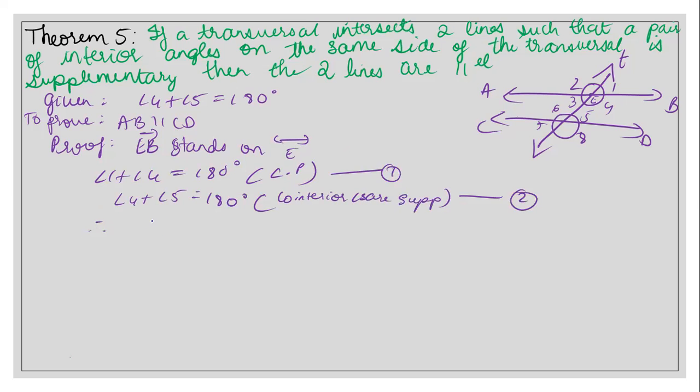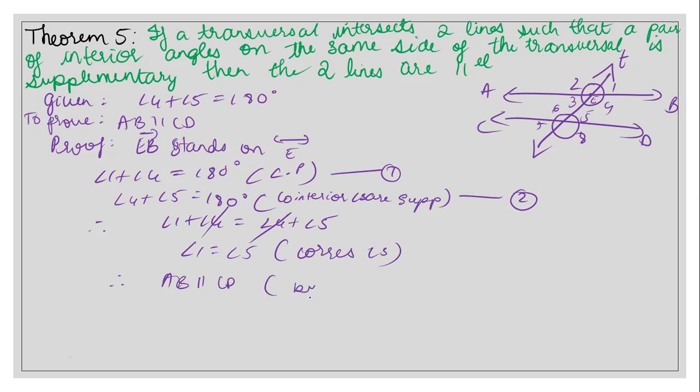So therefore, since the RHS is equal, equating the LHS, we have angle 1 plus angle 4 is equal to angle 4 plus angle 5. Cancel these two. Angle 1 is equal to angle 5, which is nothing but corresponding angles. So therefore, AB is parallel to CD by the corresponding angles axiom.